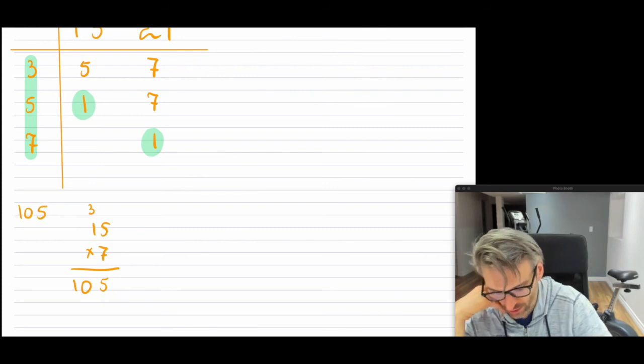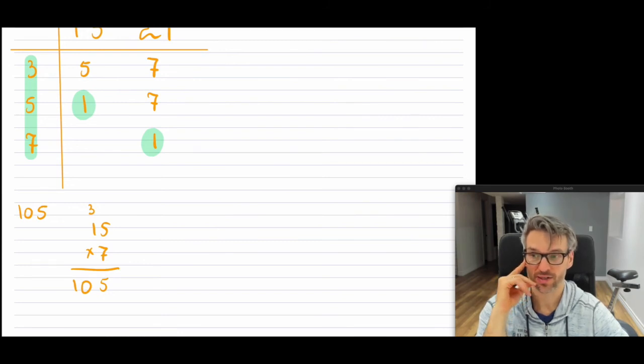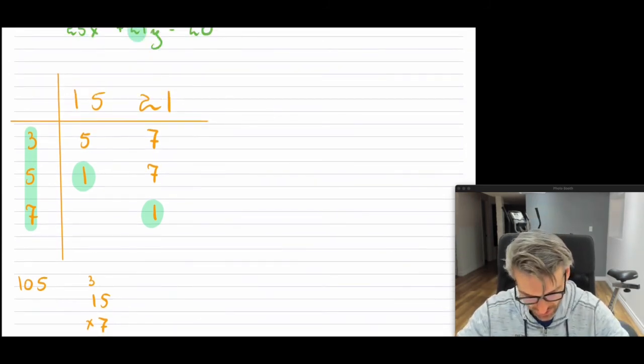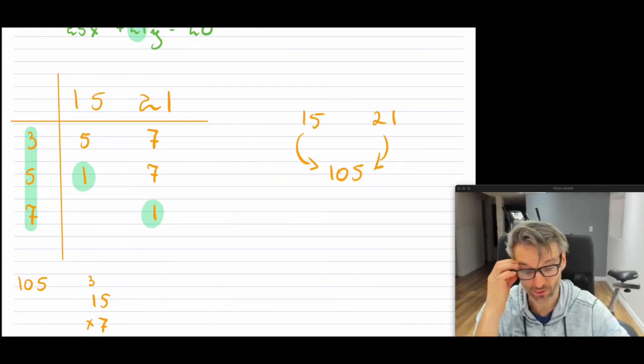So notice that the lowest common multiple is actually pretty big, so it's not very small like in the other cases. So what we have is that for 15 and 21, the multiple is 105. So that's what we want.